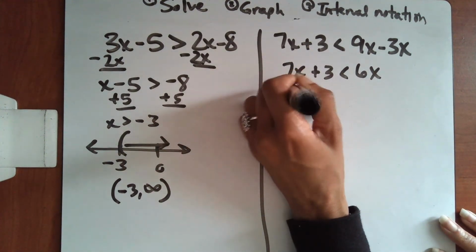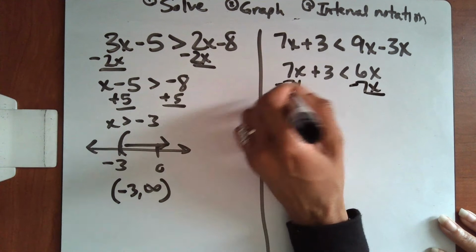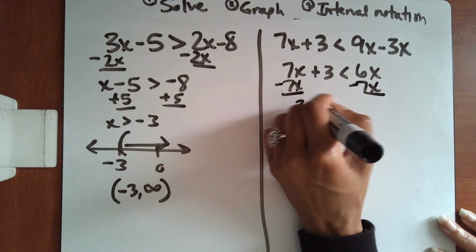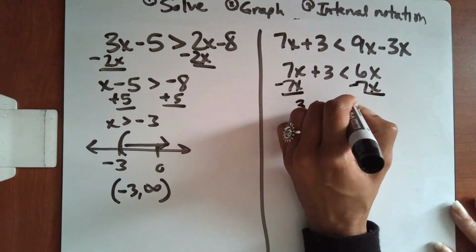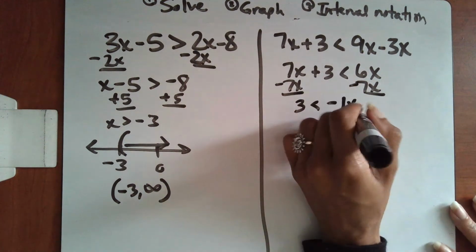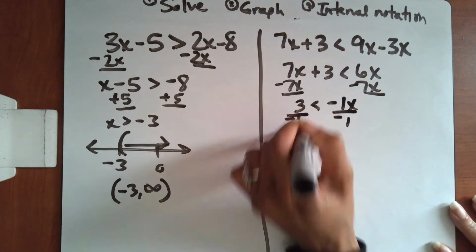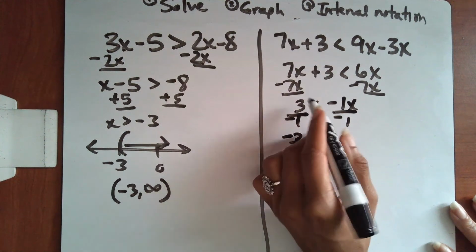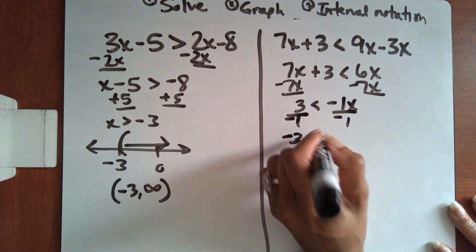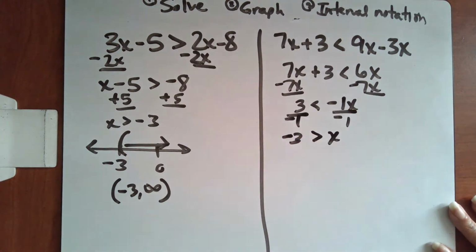So I'm going to move the 7x to the 6x. So I'm going to get 3 is less than -1x. So then that means I'm going to have to divide both sides by a -1. So because I divide by a negative, what does it do? It flips my inequality symbol. So I have -3 is greater than x.